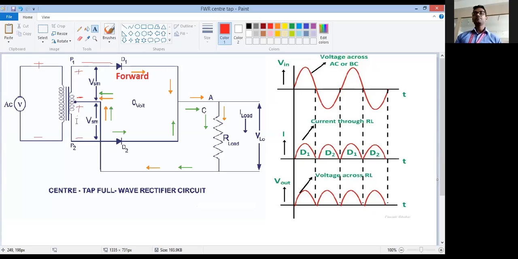Okay. Now we'll see for D2. So for D2 we'll take other color. So see here. This negative terminal of battery, see, connections are not changed. The battery terminal is same. On the upper side positive, on the lower side the negative terminals are there.